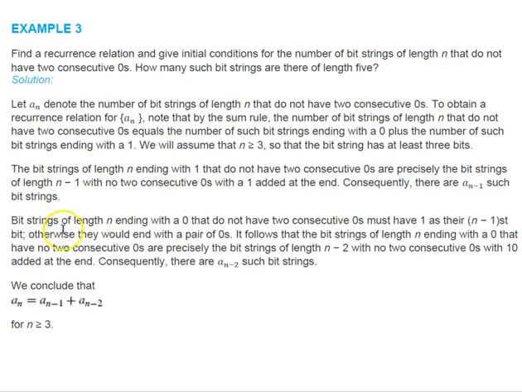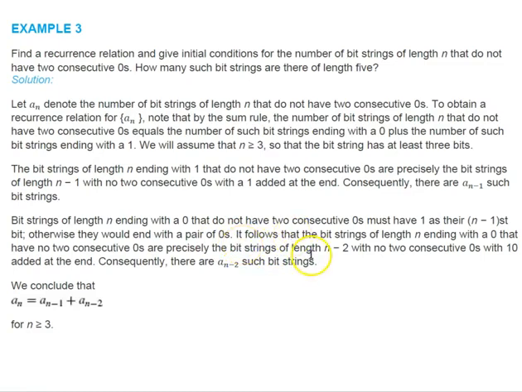Bit strings of length n ending with a 0 that do not have two consecutive zeros must have 1 as their n-minus-first bit, otherwise they would have two consecutive zeros at the end.